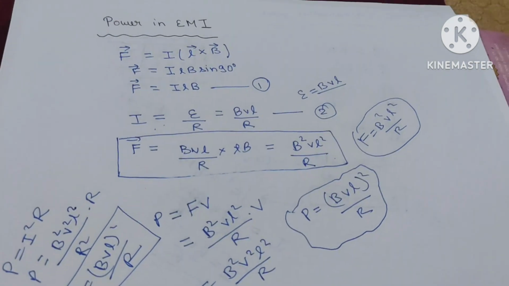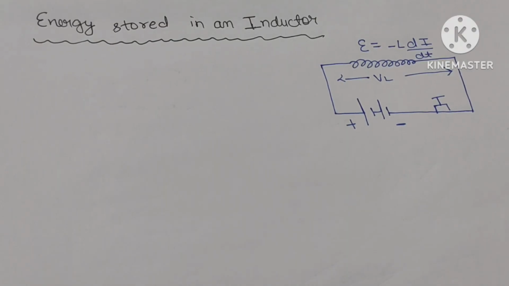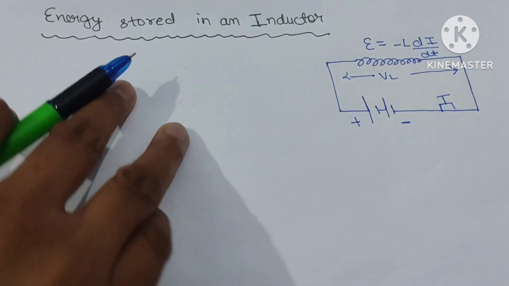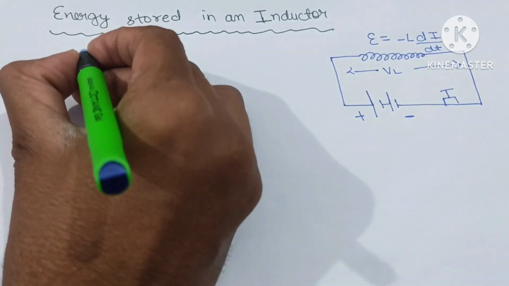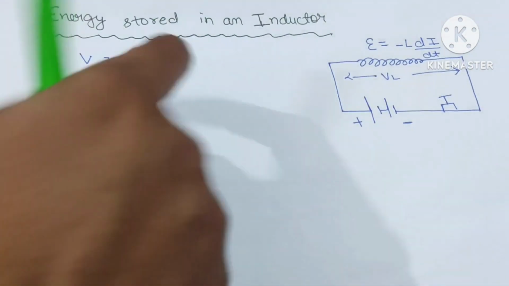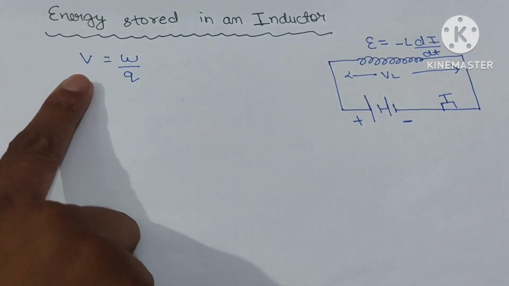Okay, thank you. Hello friends, today we'll derive the energy stored in an inductor. Okay, so what we should know is V equal to W by Q, from 10th class, the potential difference formula.